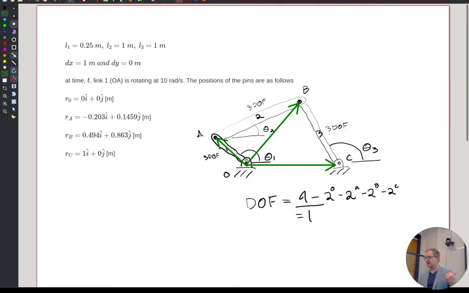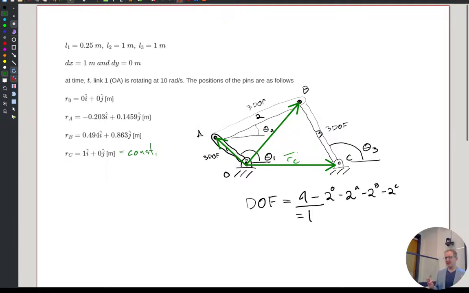Are any of these vectors constant? Which ones are constant? Okay, yeah, so this one. So RC is constant. It's not changing direction and it's not changing magnitude.